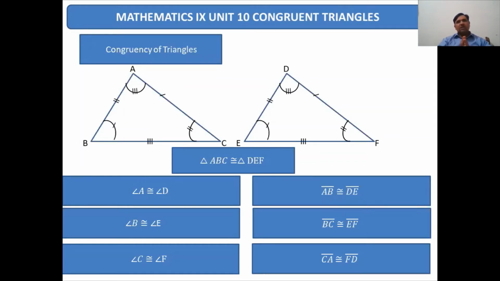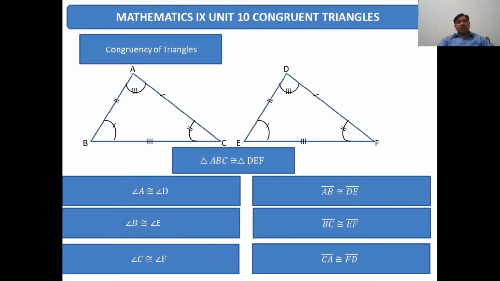So now if you know that the three sides of one triangle are congruent with the three sides of other triangle, and three angles of one triangle are congruent with the three angles of other triangle, then everyone can say that these two triangles are congruent.